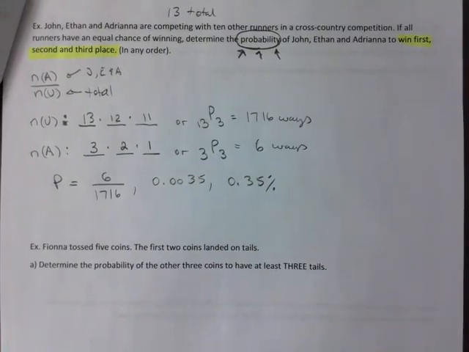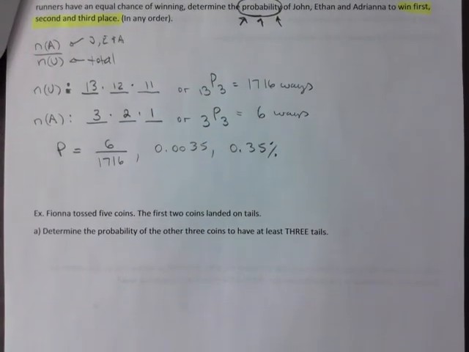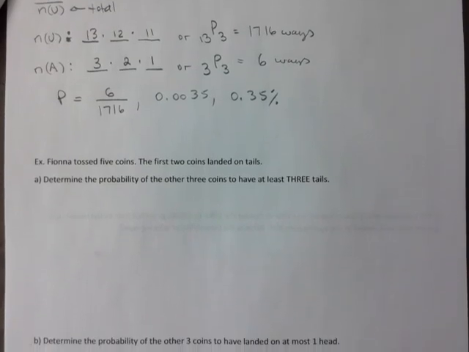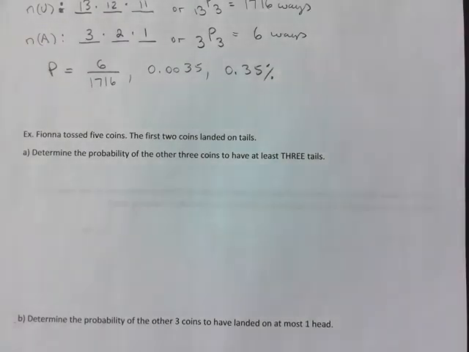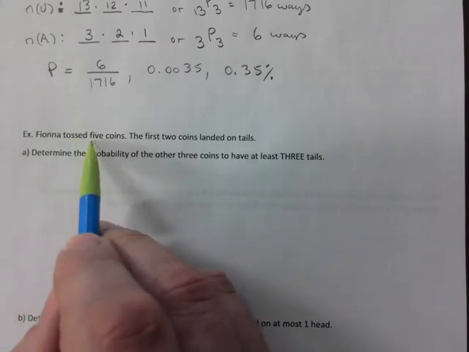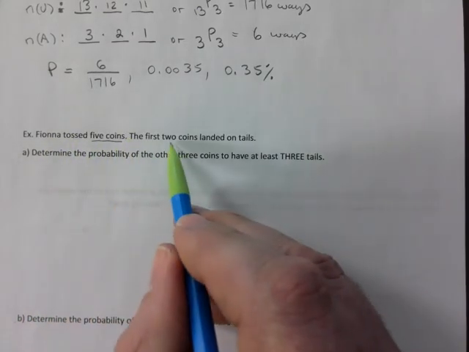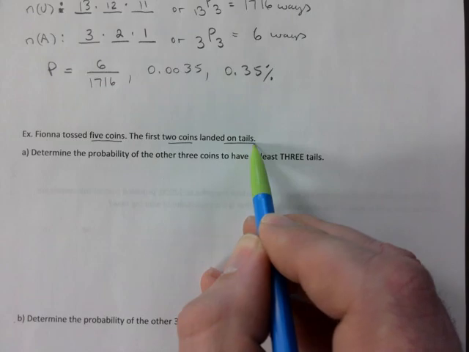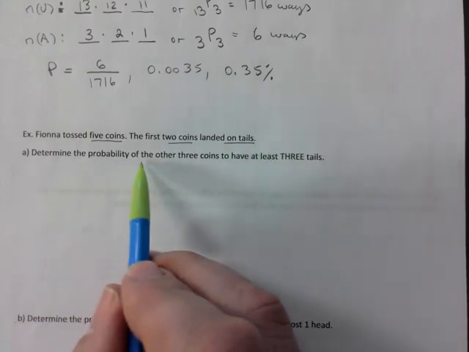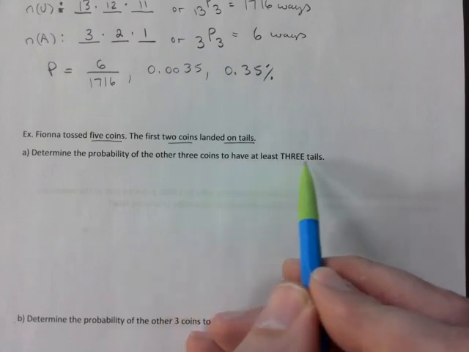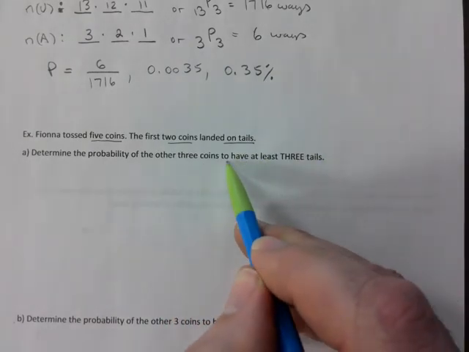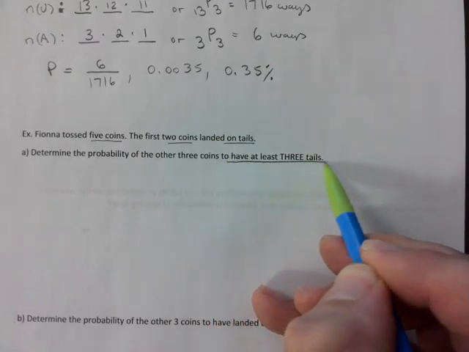I will do the coin one because it is somewhat of a classic, and I would strongly suggest in these scenarios to use a tree diagram. So let's do this. Fiona tossed 5 coins. The first 2 coins landed on tails. Determine the probability of the other 3 coins to have at least 3 tails. At least 3 tails. Like what's going on there?